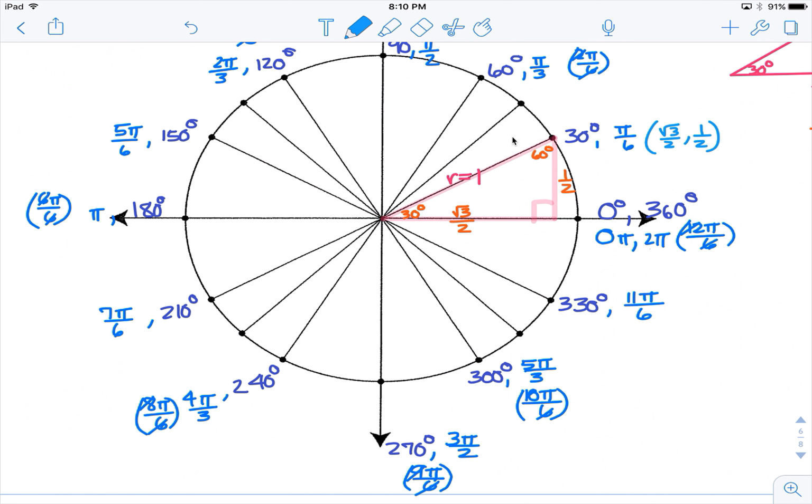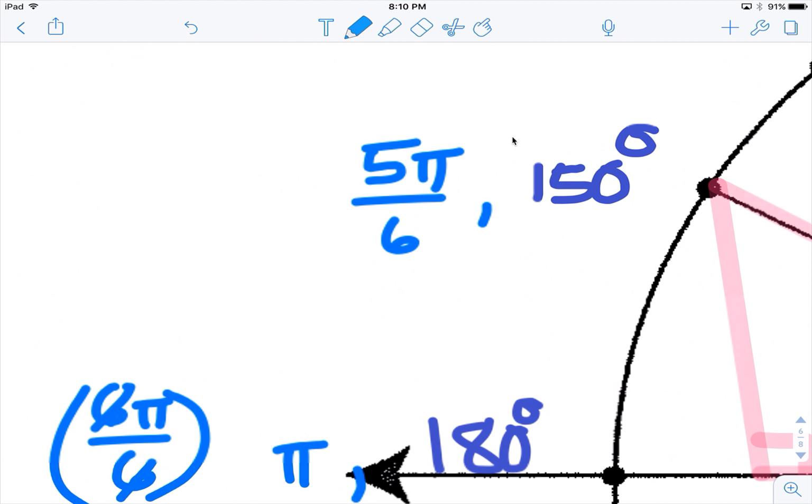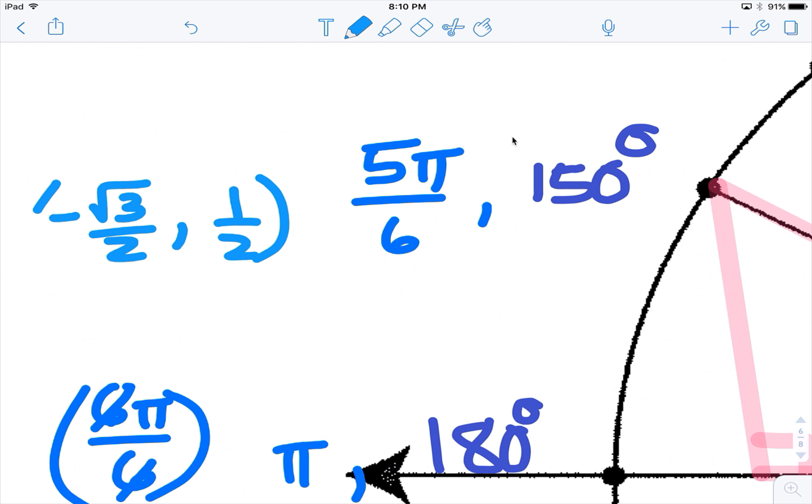Okay, now we can take that measure and we can reflect it into the other quadrants. Okay, so there's our 30, 60, 90. Our coordinates would be negative for x and positive for y. So negative square root of 3 over 2, and then 1/2.